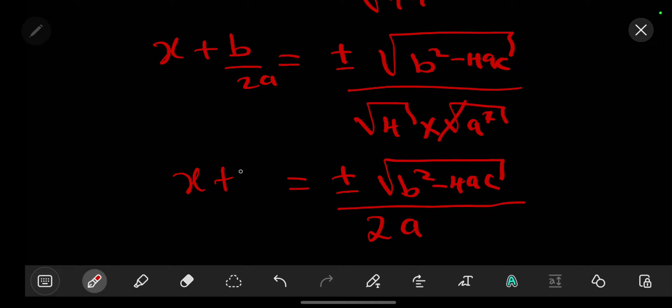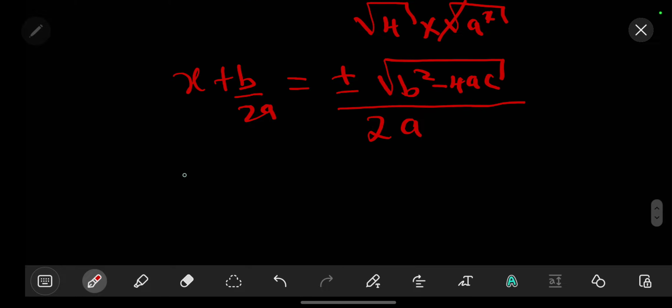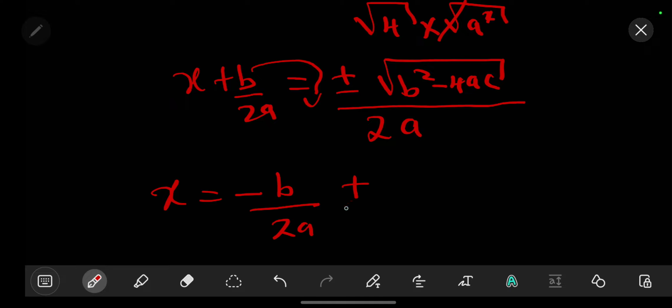So x plus b over 2a will be equal to that. Taking this value the other side, we are going to be having something like x should be equal to, let's just take it here. So it will be minus, since it has crossed the equal sign, b over 2a. Then we have plus or minus the square root of b squared minus 4ac, then over 2a.